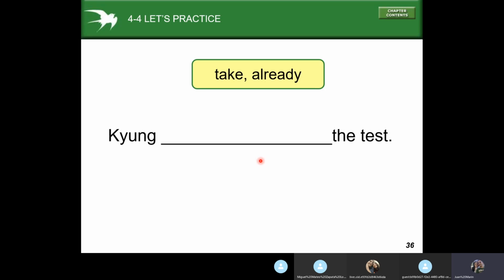What is next? Remember the structure. What is next? Already taken. Okay, what is missing? Do you need something else?